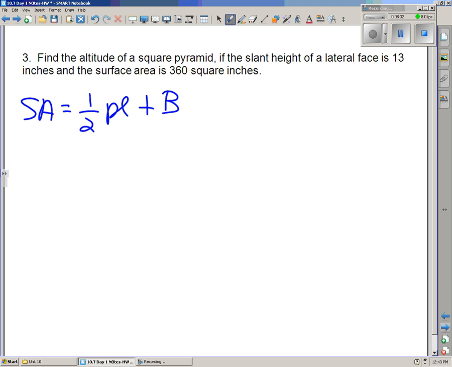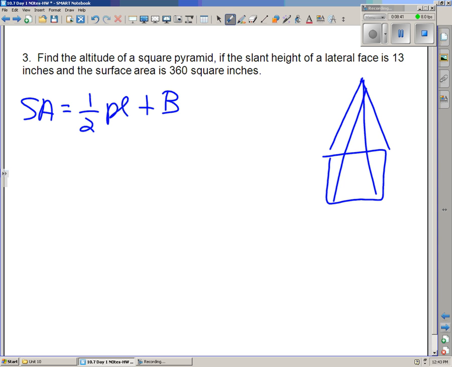As it turns out, with this square pyramid, not drawn very well, we don't know the length of a side. So the length of a side is going to be x, all the way around. It's got the slant height being 13.